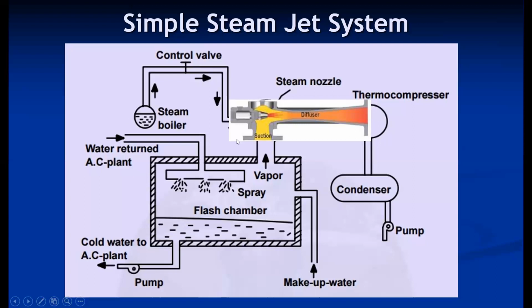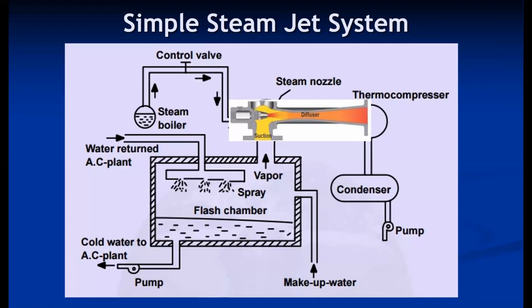Instead of a compressor, if we use an ejector here, then high pressure steam is made to flow through the primary nozzle, and it sucks the refrigerant, that is the water vapor, from the flash chamber. Due to the suction of water vapor, the pressure in the flash chamber falls well below atmospheric pressure.